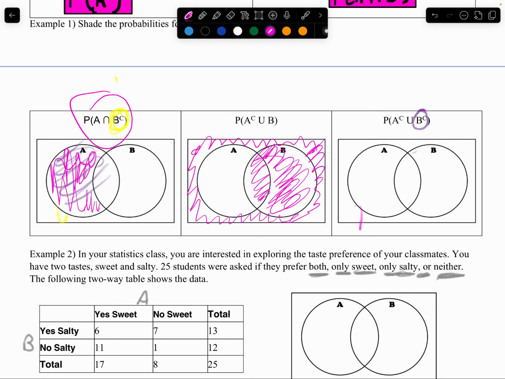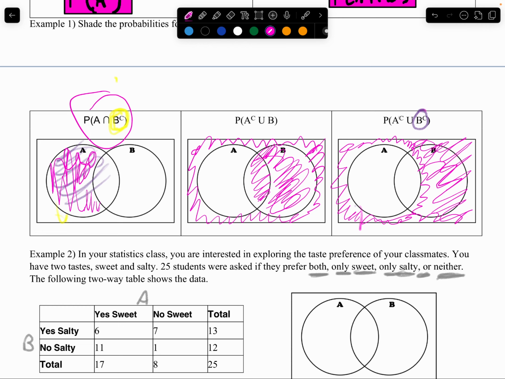That is not A or B. Again, not A is out here, and everywhere in the B circle that isn't in the A circle, not A. Or not B. Let's find where not B is.